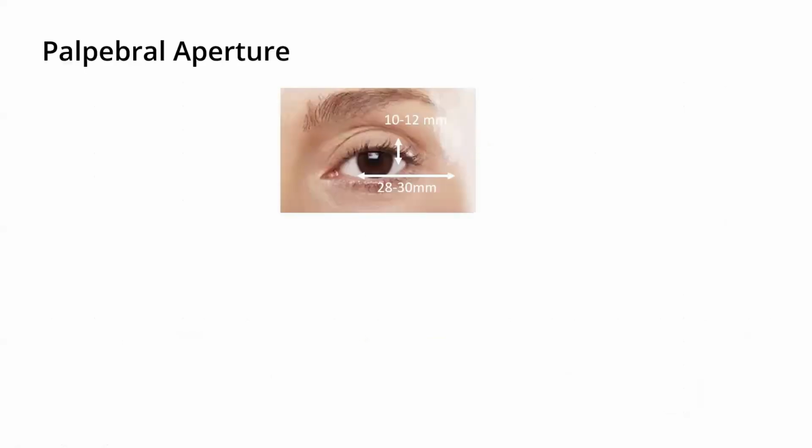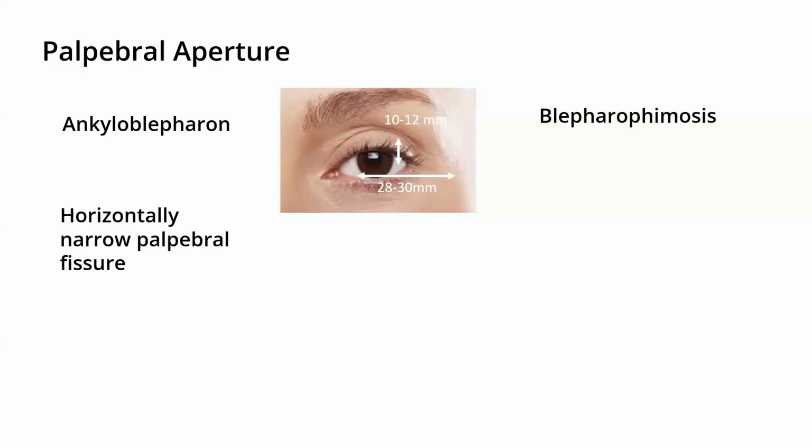Then coming to the palpebral aperture, I've already told that the vertical lid margin height is around 10 to 12 and horizontal is around 28 to 30. You can see reduction in the palpebral aperture in two conditions, that is ankyloblepharon and blepharophimosis. What is ankyloblepharon? Horizontally, it's a narrow palpebral fissure.